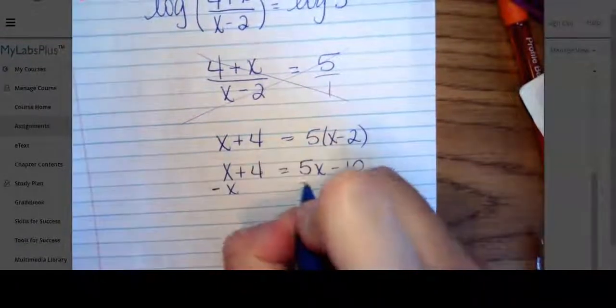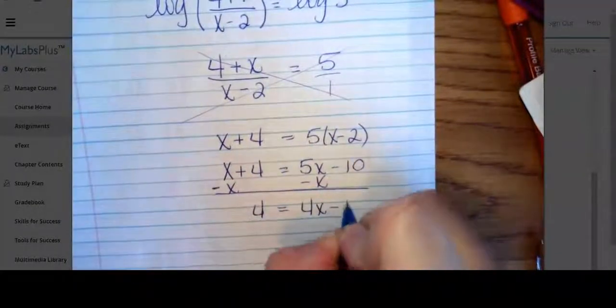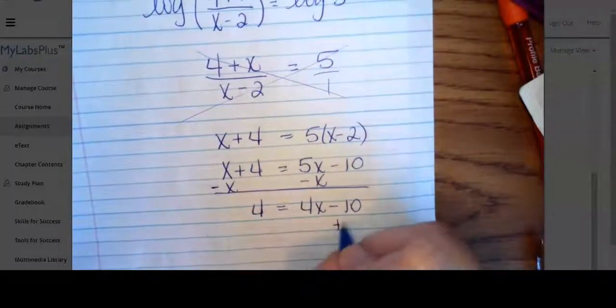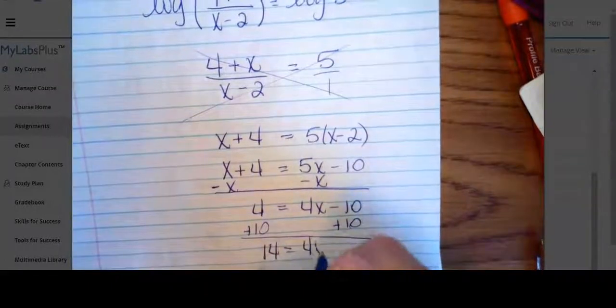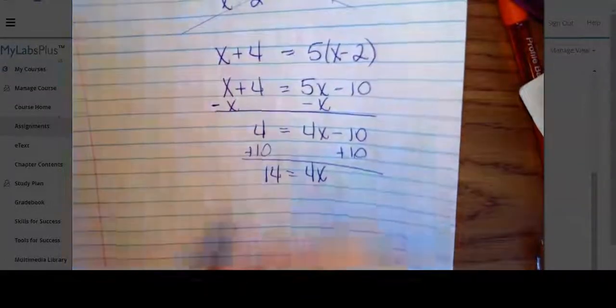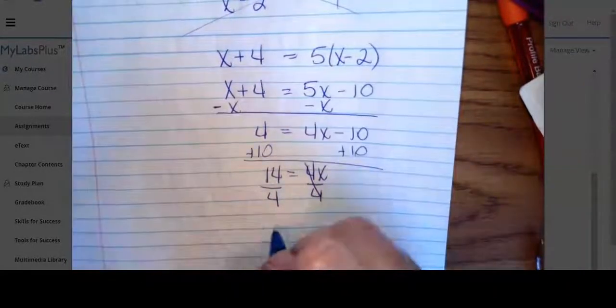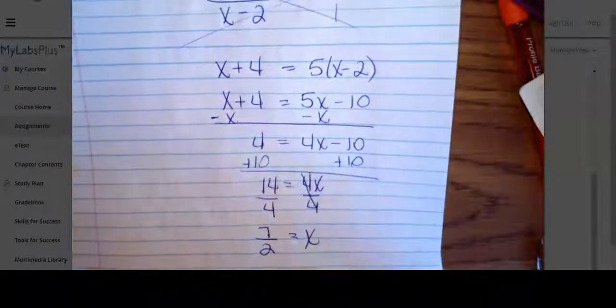I'm going to move my smaller x's, so I get 4 equals 4x minus 10. I'm going to add 10. So I get 14 equals 4x. I'm going to divide both sides by 4. So I get 7 halves equals x, which is roughly 3.5.